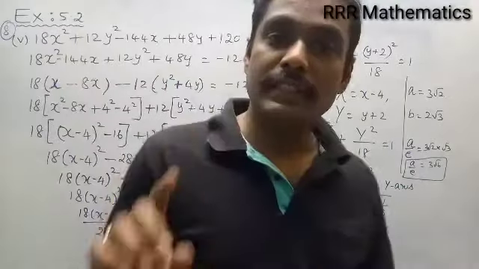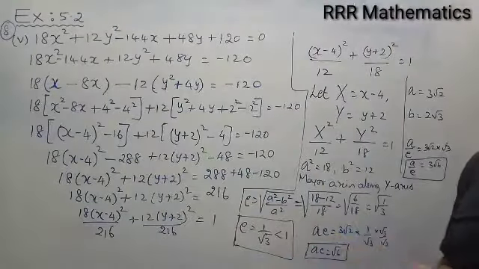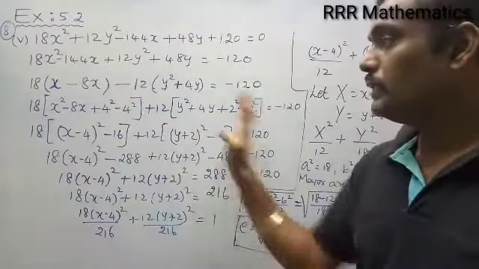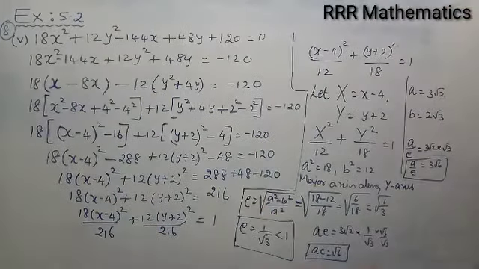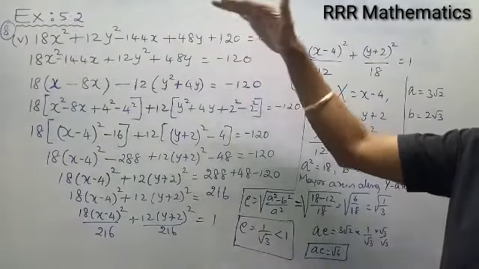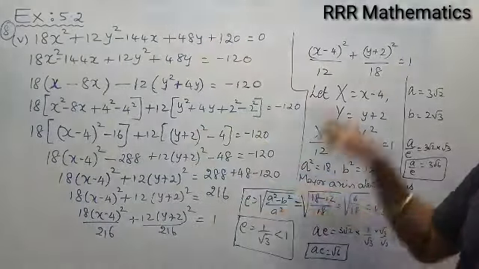Now I want to find out the center, foci, vertex, directrix. Okay, to prepare a table with respect to capital X, capital Y and small x, small y. Take down this one and I'll rub this area to draw a table. Is it clear? Very first, see the question which is not in a standard form. Apply completion of square method with respect to x and y. Finally, I am getting the standard equation.